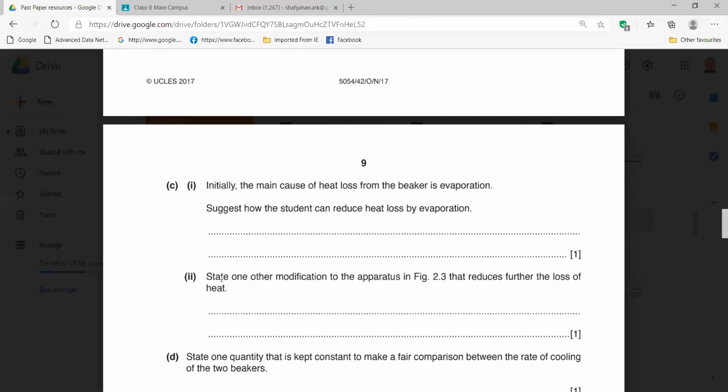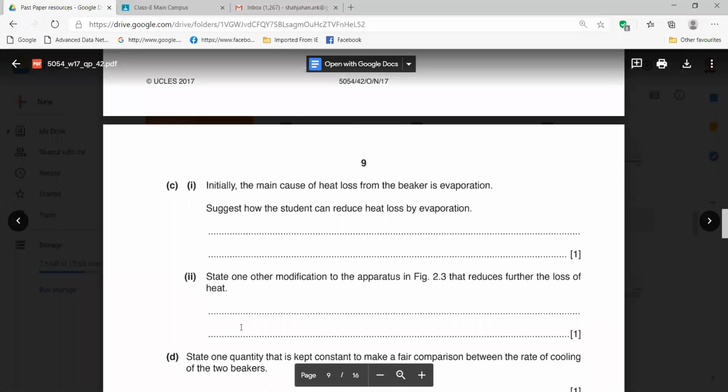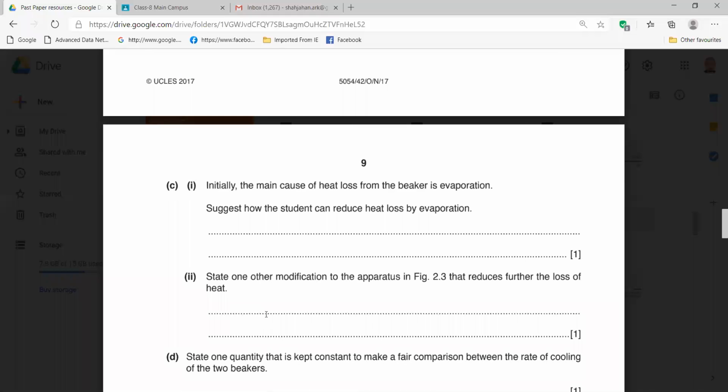Then in the second part, state one other modification to the apparatus in figure 2.2 that reduces further the loss of heat. In between the lid and thermometer you have some space, so there might be some heat lost also. So you give some cotton for insulation.